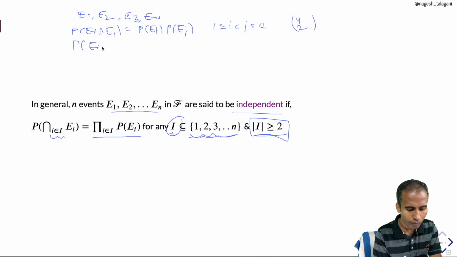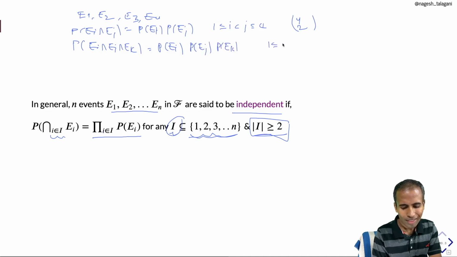Next, probability of Ei intersection Ej intersection Ek should equal probability of Ei times probability of Ej times probability of Ek for 1 less than or equal to i less than j less than k less than or equal to 4. Then finally, 4 at a time, probability of E1 intersection E2 intersection E3 intersection E4 must be probability of E1 times probability of E2 times probability of E3 times probability of E4.